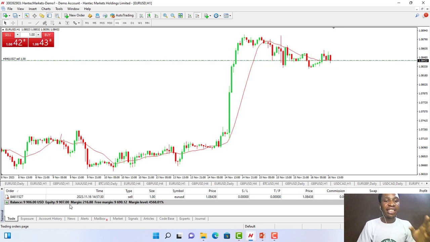And how is the equity different from the margin? And how is the margin different from the free margin? These questions have been coming up and coming up. So what are we going to do in this particular situation where we have the balance, the equity, the free margin, and the margin? And in our day-to-day trading, what are the things we have to consider in the forex market? So let's quickly get to our slide.